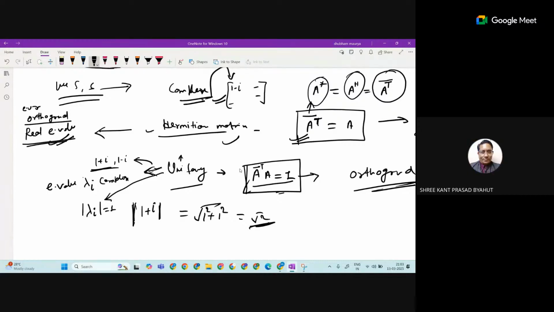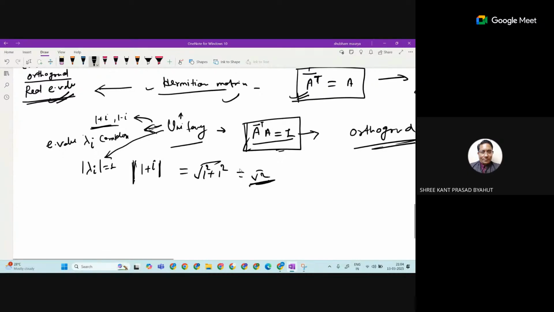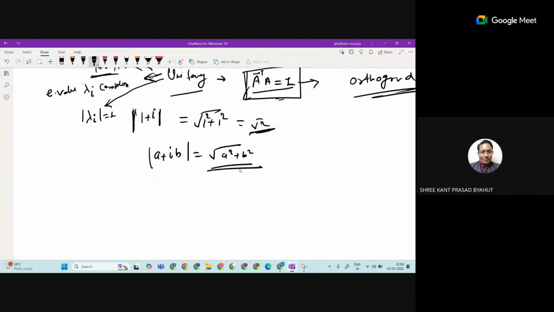For a complex number, the absolute value is the square root of a squared plus b squared. But if it is written in matrix vector form, a plus ib and a minus ib, in column form?